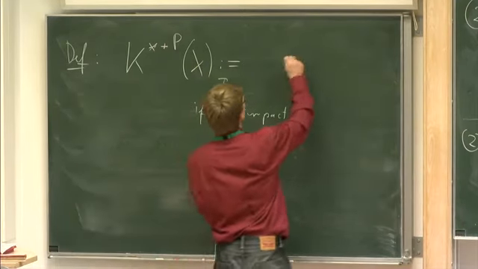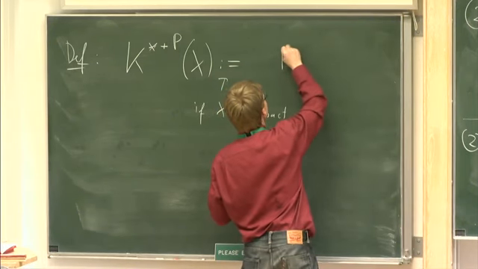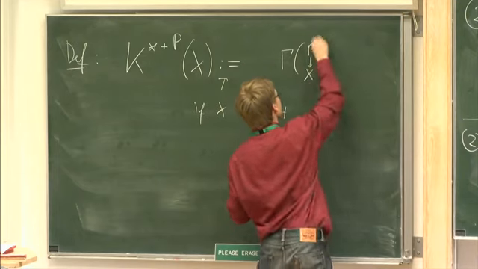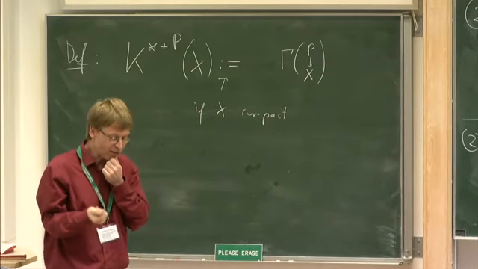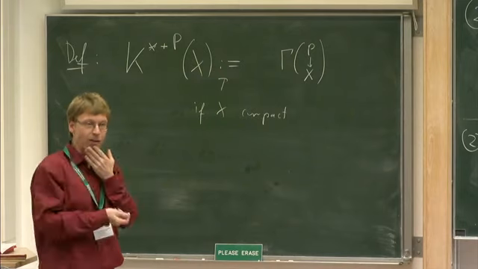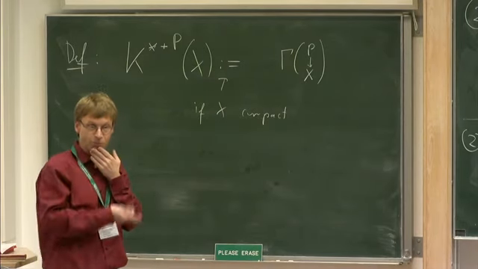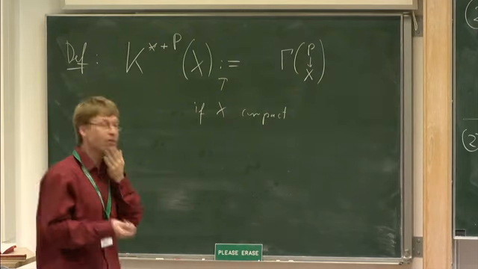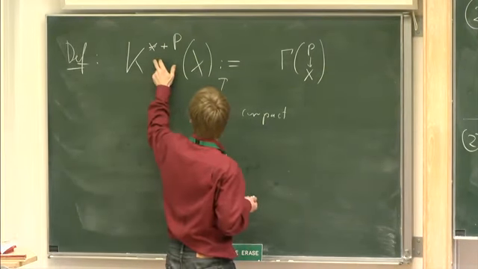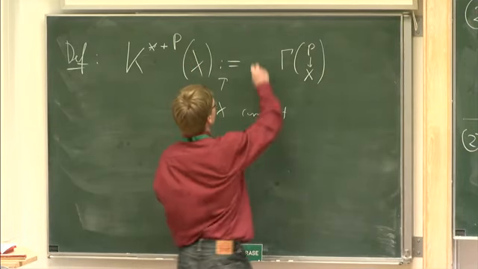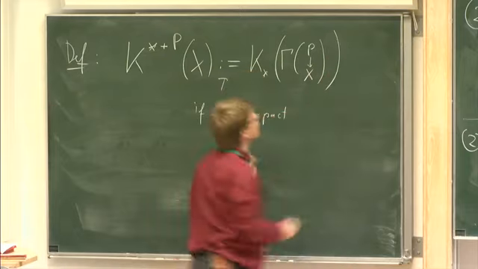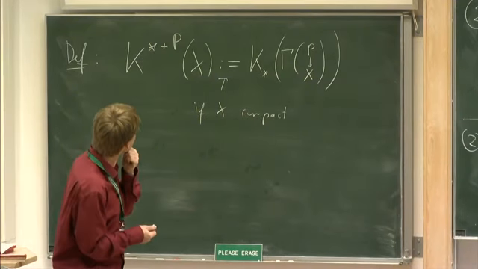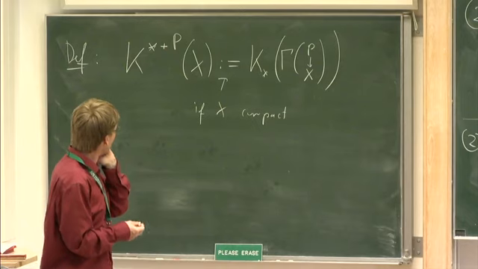We take the algebra of continuous sections of the bundle P. Because the fibers are C-star algebras, this whole thing will be a C-star algebra where all the operations are done pointwise. And so we have a C-star algebra of sections now, and the K-theory of the space twisted by this P is just the K-theory of the C-star algebra. So you can check the operator algebra part. Talk about operator algebras now. Very well.